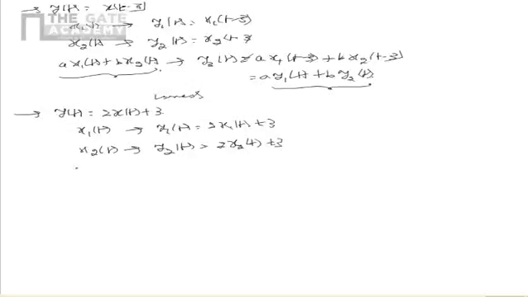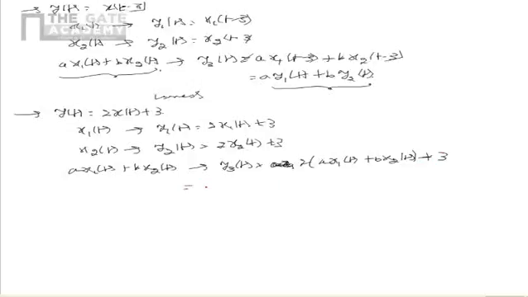When the input is ax1t plus bx2t, the output is y3 of t is equal to 2 times ax1 of t plus bx2 of t plus 3.